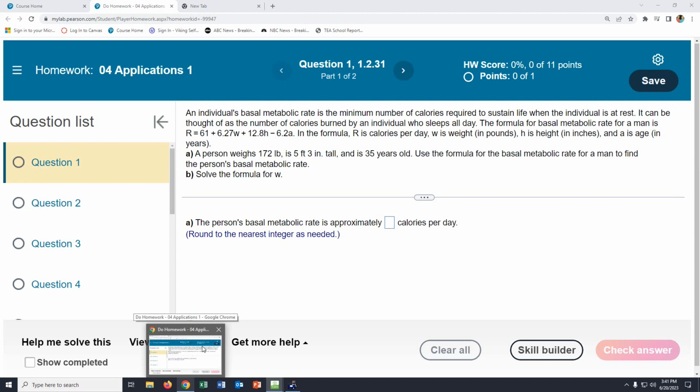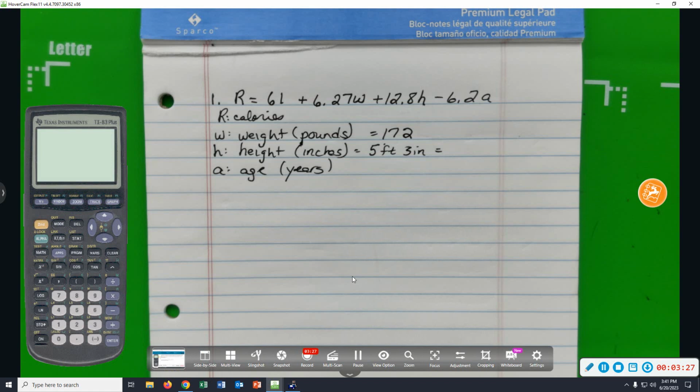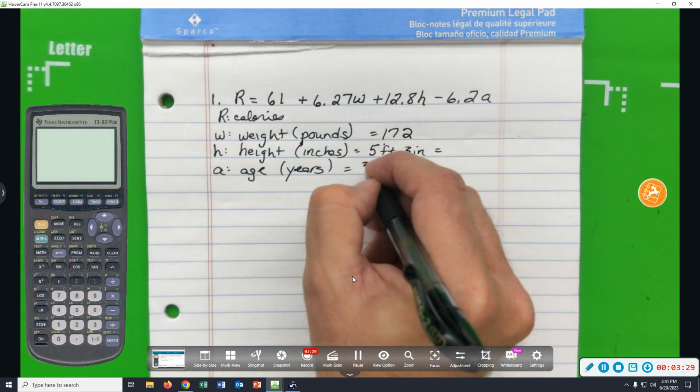A person weighs 172 pounds, so I'll write that beside the W, is 5 feet 3 inches, and is 35 years old. I'm going to write 35.